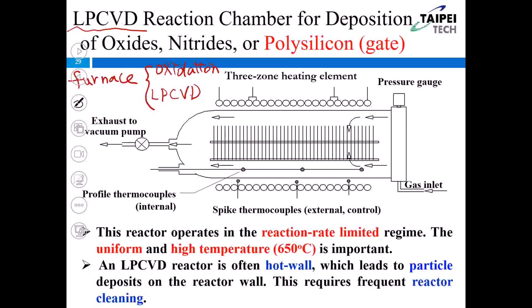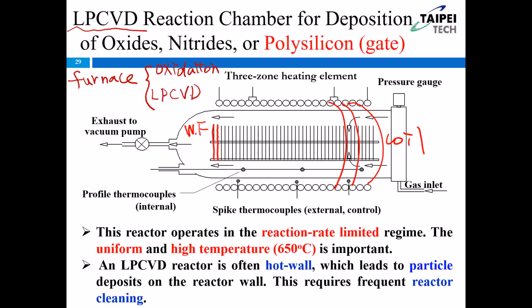So just like the furnace, this is the silicon wafer, right? And we use the coil to heat the quartz tube. So the whole chamber, the whole quartz tube, has the uniform temperature, right?